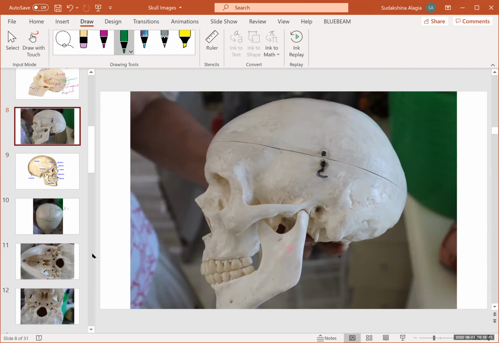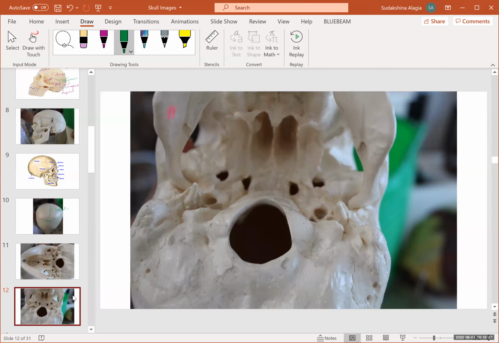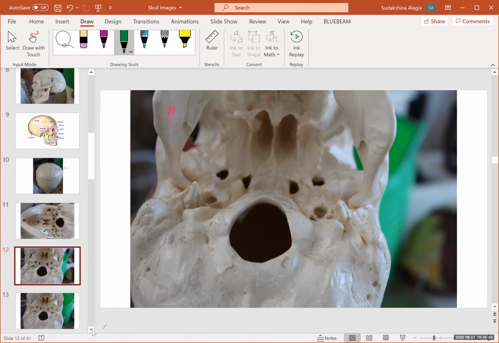You can see some of this here, but not too clearly. So we are looking at the posterior view. This is along its side. This is straight up. So you can identify the mandible. We're looking at the posterior view of the skull.